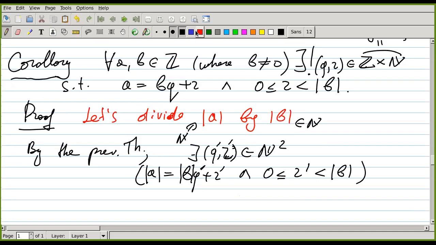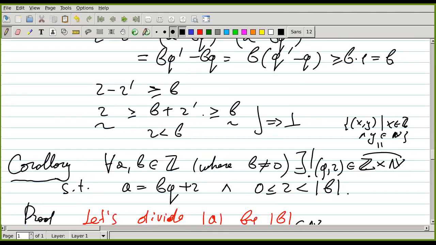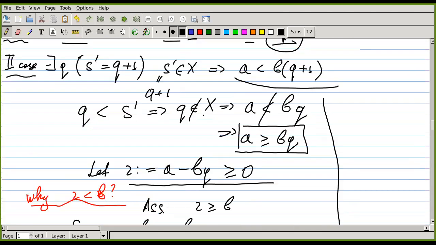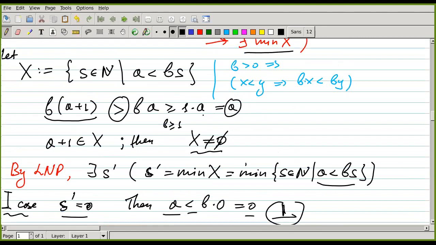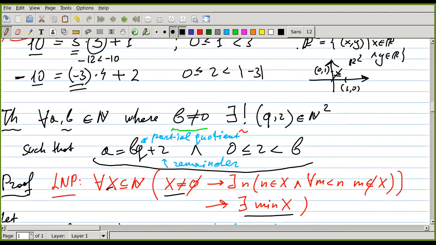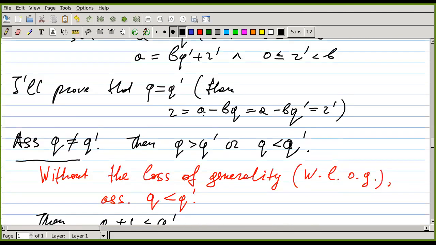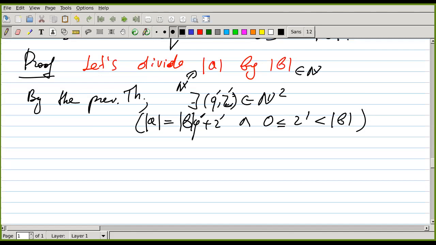So, what have I done? I have applied the previous theorem to two natural numbers, the absolute value of A and the absolute value of B. I have divided the absolute value of A by the absolute value of B, and I have obtained some partial quotient Q prime and some remainder R prime.